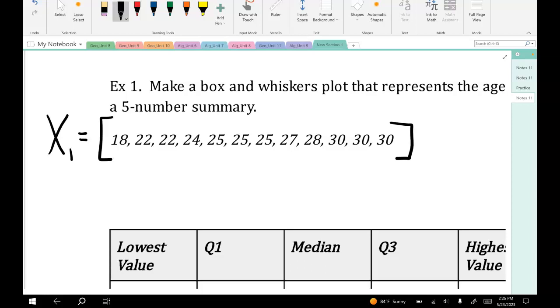Think of that as your first line of code. For your second line of code, you're going to tell Desmos to write box plot, everything in lowercase letters with no spaces.